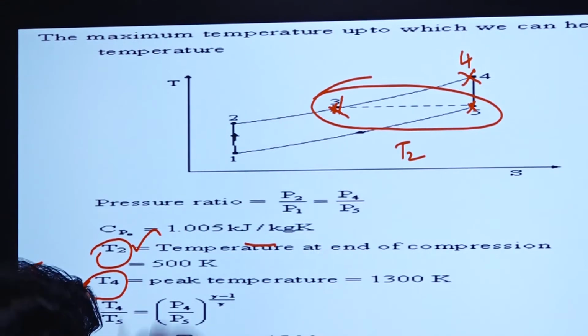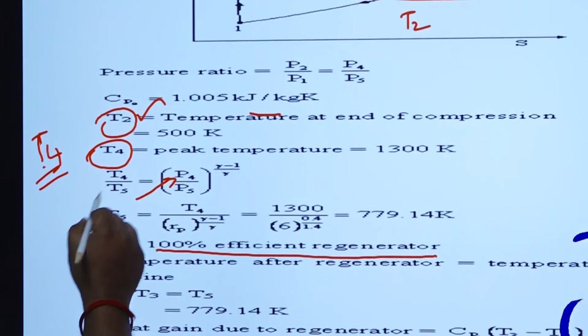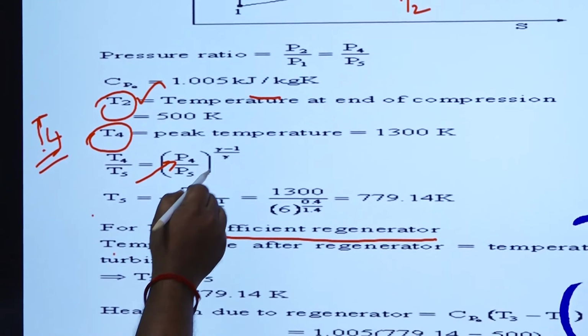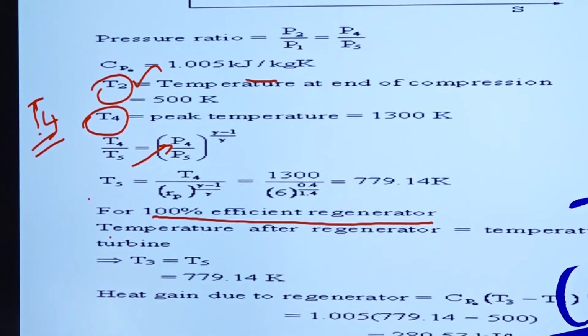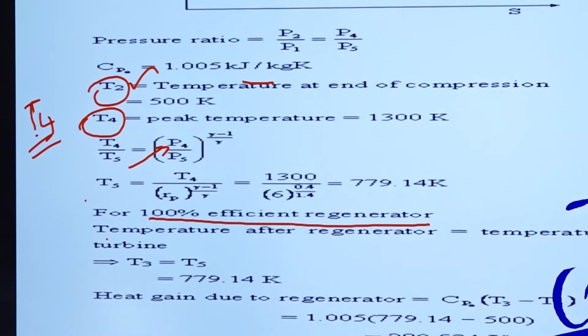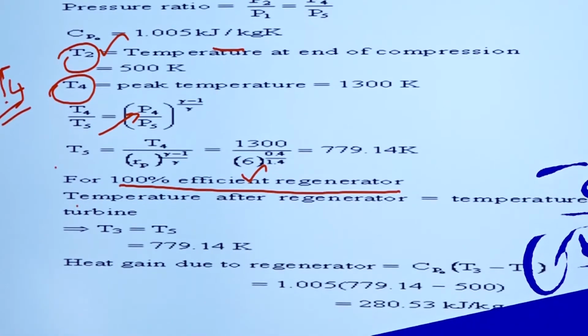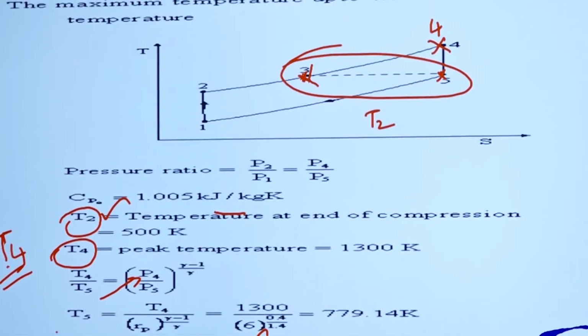So T5 will be equal to T4 divided by (P4 by P5) whole power (gamma minus 1) by gamma. P4 by P5 is nothing but the pressure ratio, which is given to you as 6. So P2 by P1 will be equal to P4 by P5.